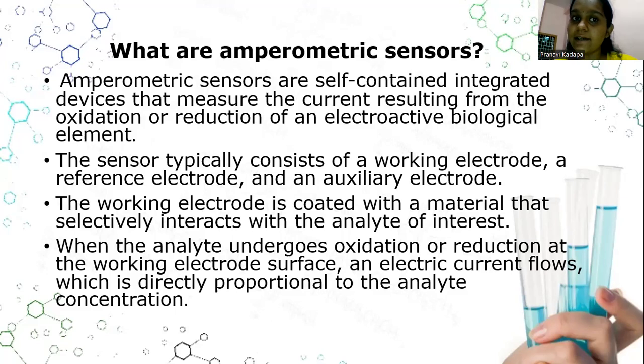Few amperometric sensors contain only two electrodes, working and reference, but others contain three. The working electrode is coated with a material that selectively interacts with the analyte of interest. When the analyte undergoes oxidation or reduction at the working electrode surface, an electric current flows which is directly proportional to the analyte concentration.